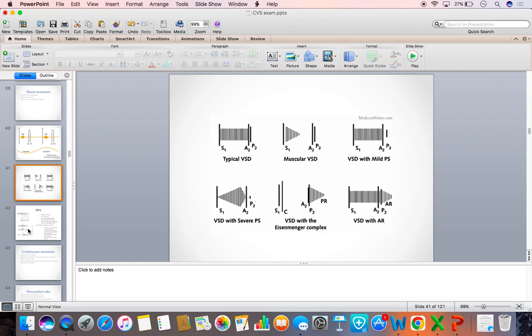With increasing pulmonary arterial hypertension, the pansystolic murmur becomes a short systolic murmur with P2 much delayed.